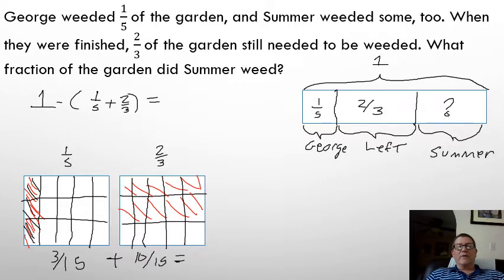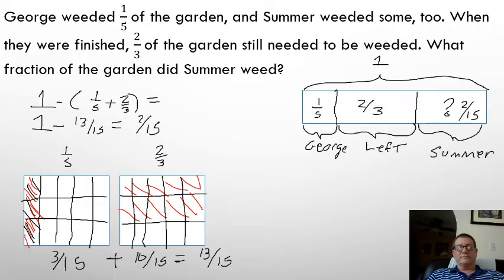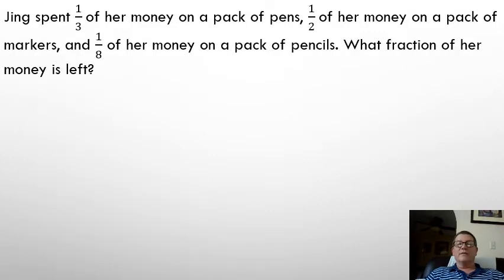So we have 13/15. So we've just simplified this now to 1 minus 13/15. And we know 1 is equal to 15/15. So 15/15 minus 13/15 gives us 2/15. So Summer did 2/15. Is that correct?